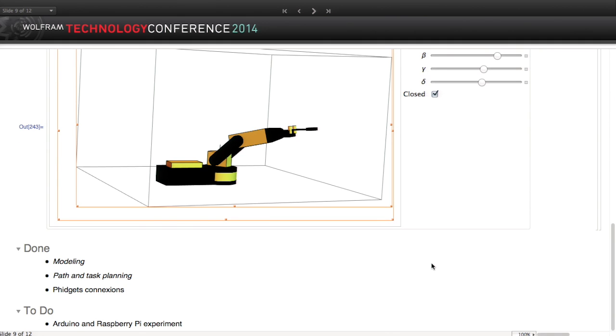And what we are doing with the Wolfram language on top of this model is a high-level task, to try to understand how the high-level task can be divided into low-level tasks. And we also realize a fidget connection, and we can connect the computer to the robots. What is not yet done is to connect this kind of interface, so that just moving the interface makes the robot move. It's not yet done, but I think we could do that soon.